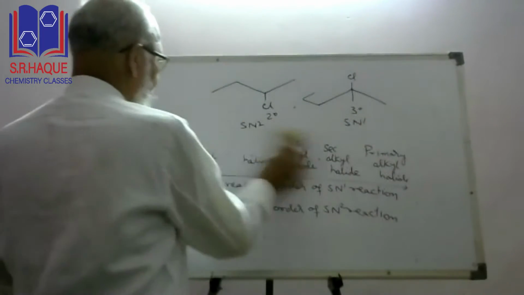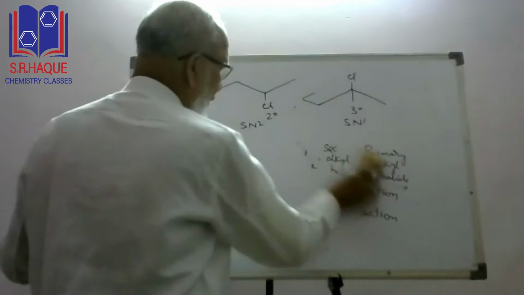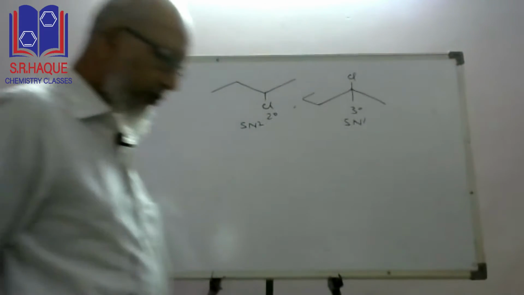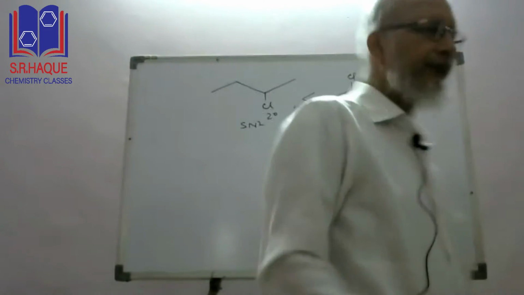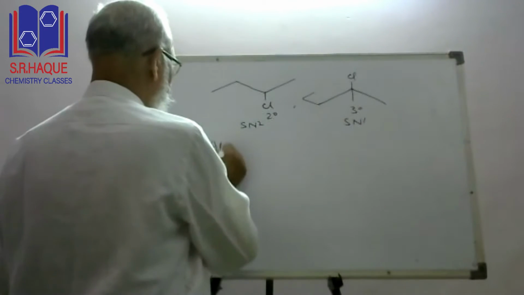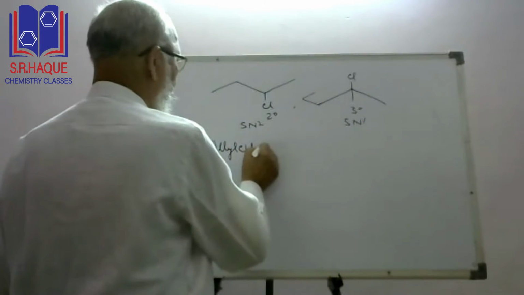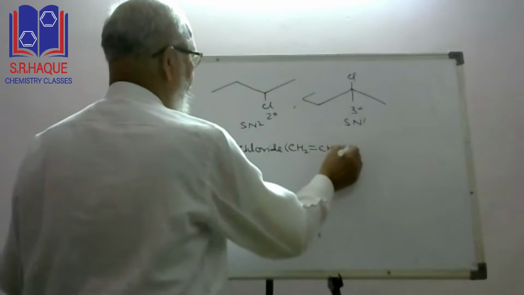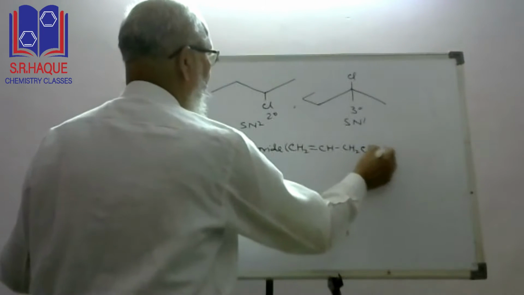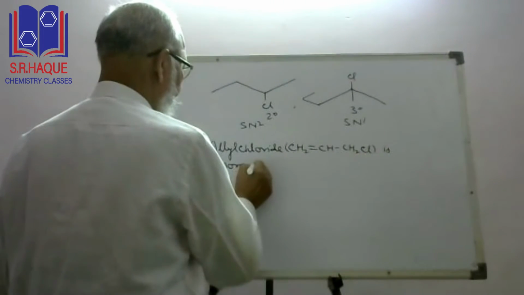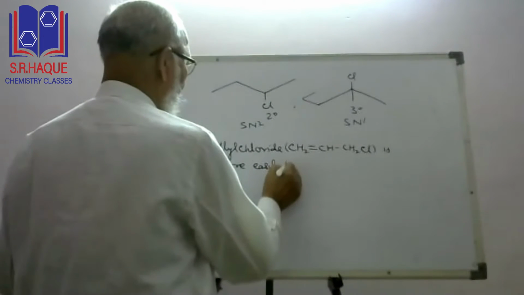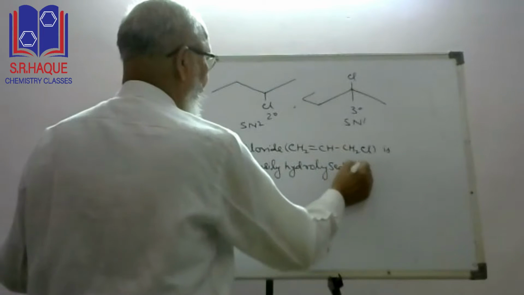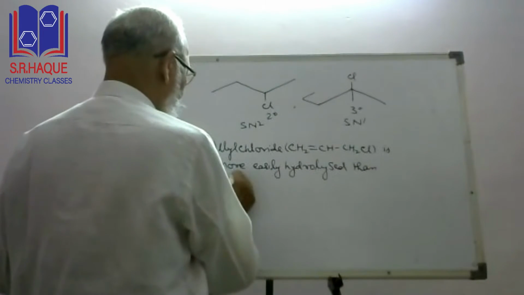Similarly, sometimes it is asked that why is allyl chloride more easily hydrolyzed in comparison to that of the tertiary alkyl chloride. Allyl chloride, CH2=CH-CH2Cl, is more easily hydrolyzed than tertiary alkyl halide.